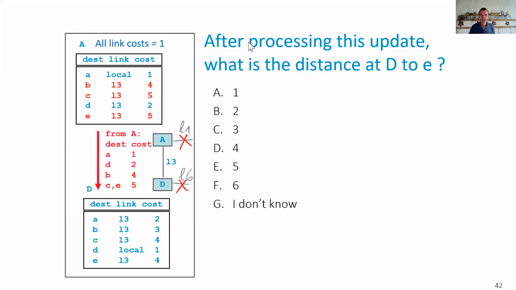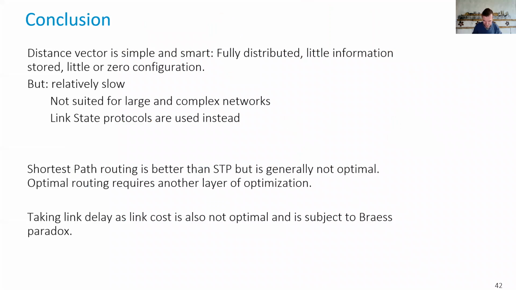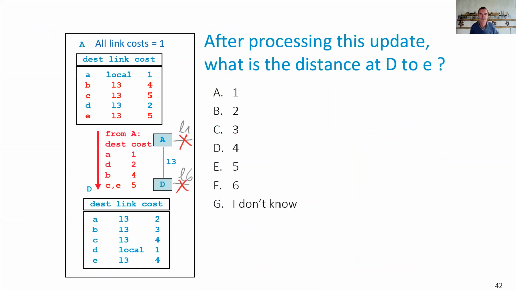There is a tie between D and F, and the correct answer is F. What will happen here is the rules of Bellman-Ford distributed. The rules of Bellman-Ford distributed here say that D, so to destination prefix little e, the next hop is A. The interface is L3.